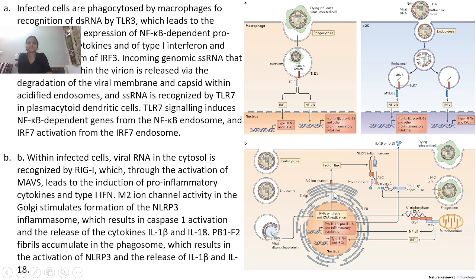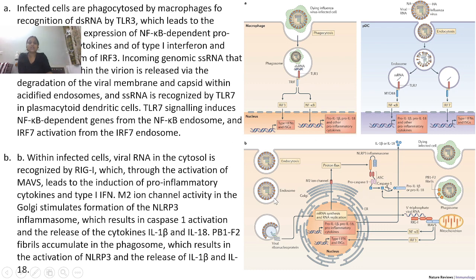After which, M2 is a protein present in influenza which acts as an ion channel, and there is a proton flux which occurs, which activates the NLRP3 inflammasome.